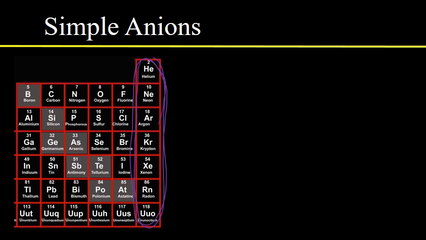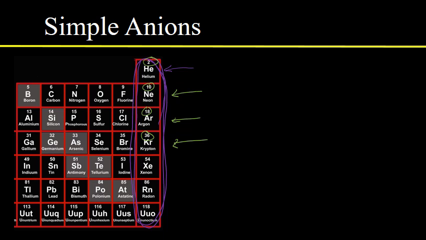So it's very stable to have 2 electrons, like helium, or 10 electrons like neon, or 18 electrons like argon, or 36 like krypton, and so on and so forth. Okay. Remember that these atomic numbers are the numbers of protons, and if you have a neutral atom, that's also the number of electrons.